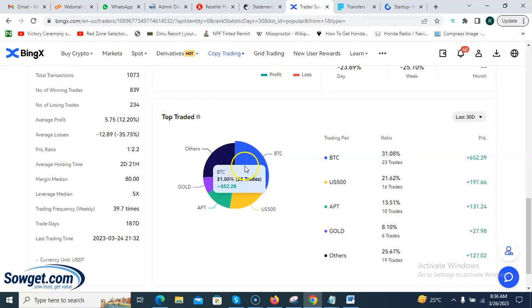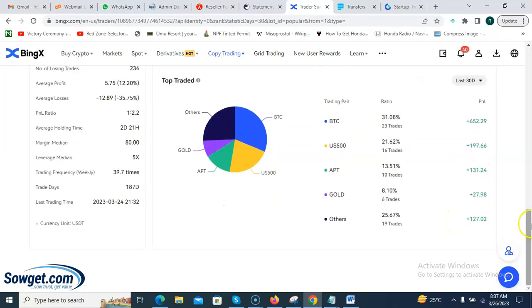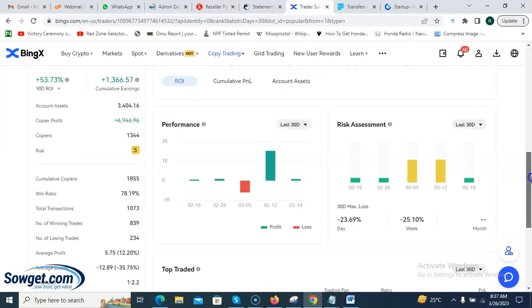He trades BTC, 31% of his trades are for BTC assets. He also trades gold, APT, then US 500, which I think is an index asset. Then other assets make up 25% of his account. So these are just the various performance information you need to consider before choosing a particular trader.